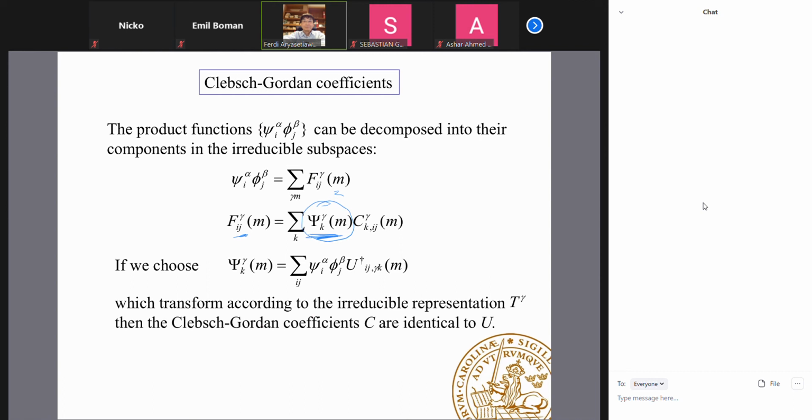So we have capital psi gamma, which forms a basis for the irreducible representation gamma. And M again denotes the multiplicity. That's the same representation. And this then is just the coefficients. So these coefficients are just the Clebsch-Gordan coefficients.